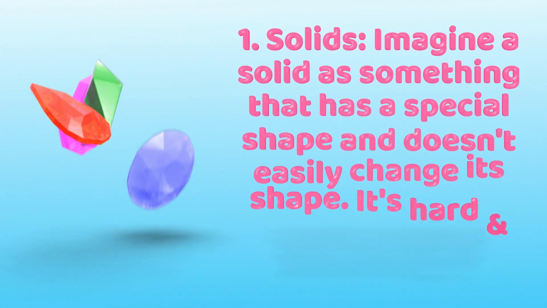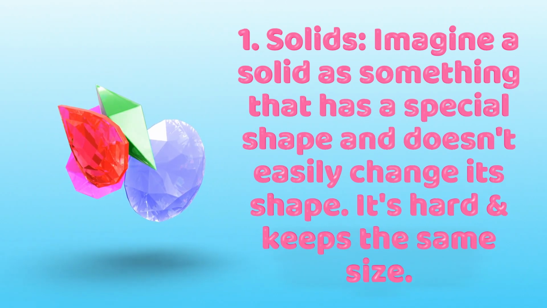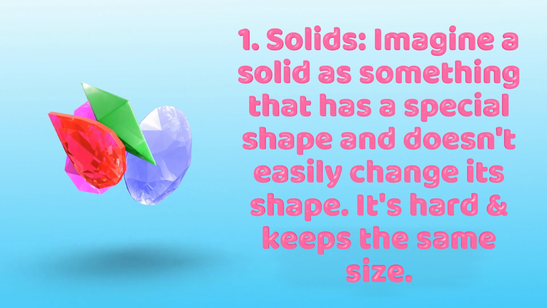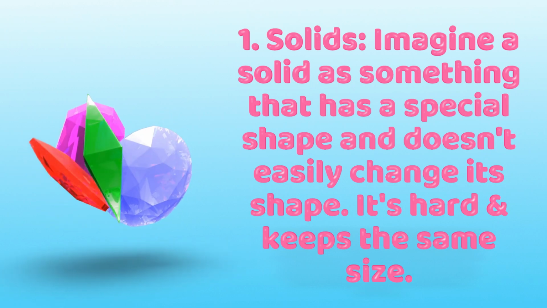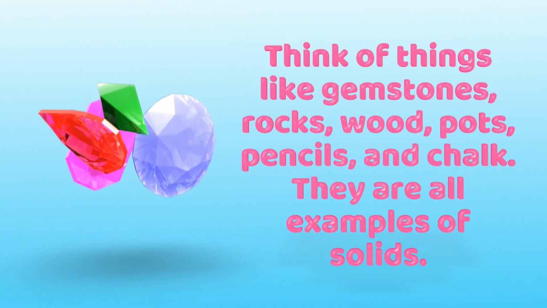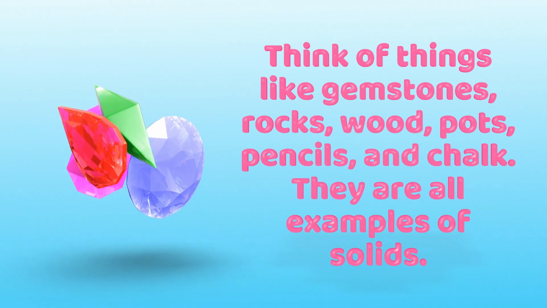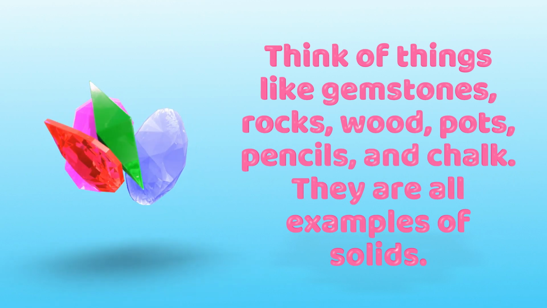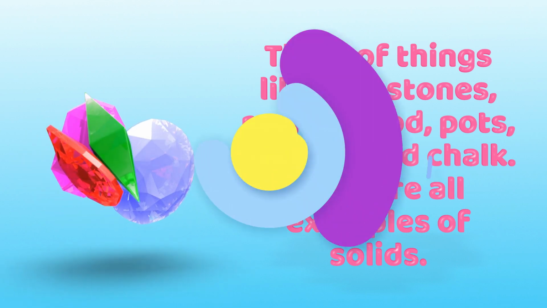The first state of matter is solid state. Solid state means something that has a special shape and its shape cannot change easily. Examples of solid state are things such as gemstone, rocks, wood, pots, pencils, and chalks, and others of similar nature.